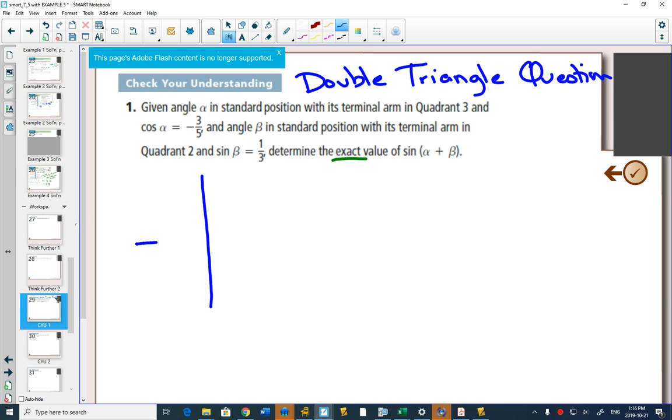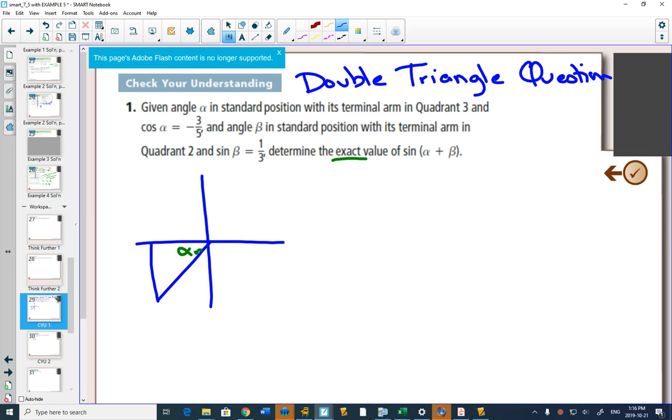Set up your 4 quadrants. It tells us really nicely that alpha's in quadrant 3. So we can draw an angle in standard position in quadrant 3, draw the triangle back to the nearest x-axis, and label our reference angle for alpha.